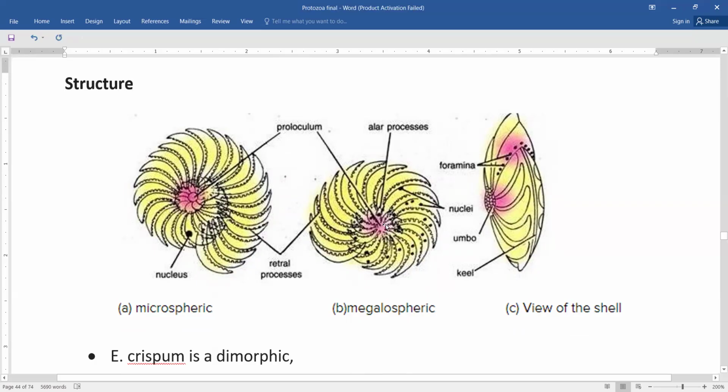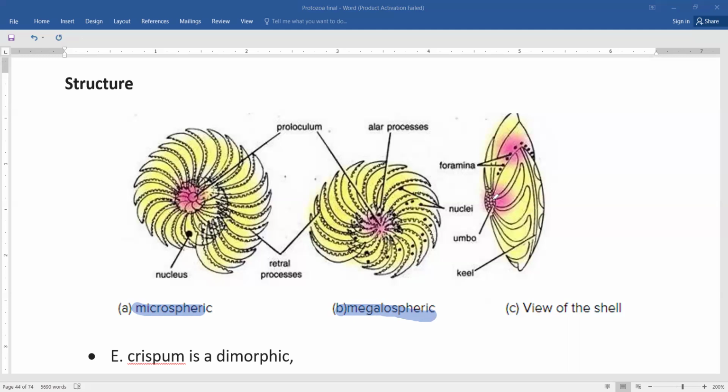The microspheric form, when compared with the megalospheric form, is slightly smaller. Here the diagram is not given correctly. Actually, this is microspheric, this is megalospheric. One is bigger in size, the other is smaller. The megalospheric form contains only one nucleus. This is not correct. So this is the microspheric form. It is a multinucleated phase.